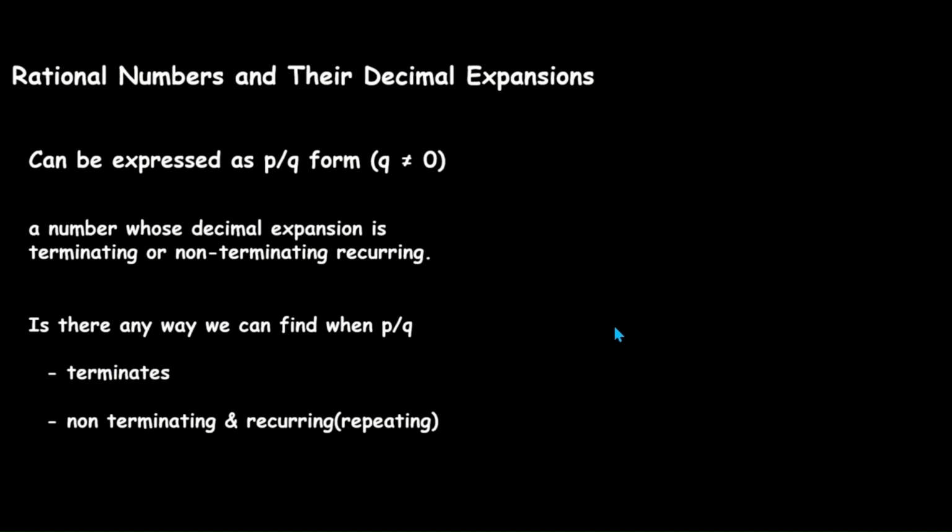Now the question is, is there any way to find, when p gets divided by q, our rational number, when it terminates and when it is not terminating but the digits keep on repeating? What are those conditions? Let's see in a bit more detail.